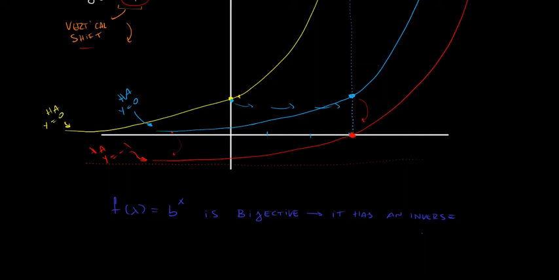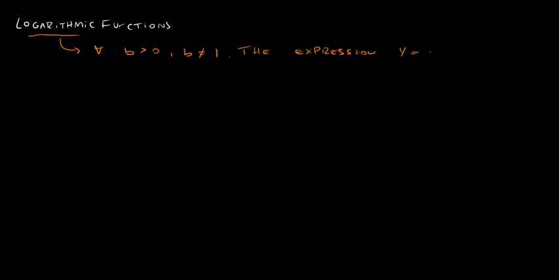So now we're going to be studying logarithmic functions, and logarithmic functions are the inverses of exponentials. So now for every b greater than 0 and different to 1, the expression y equals the logarithm base b of x defines a logarithmic function with base b.